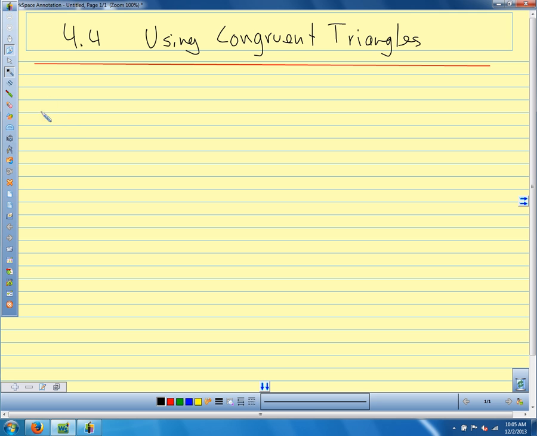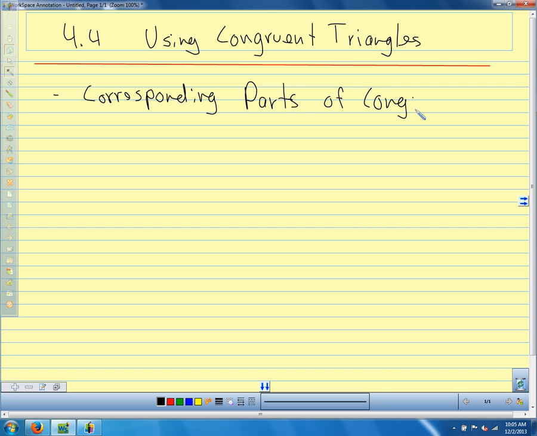So what I wrote on the board, we're going to say that corresponding parts of congruent triangles are congruent.